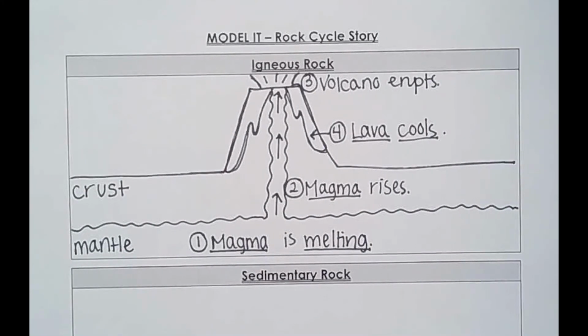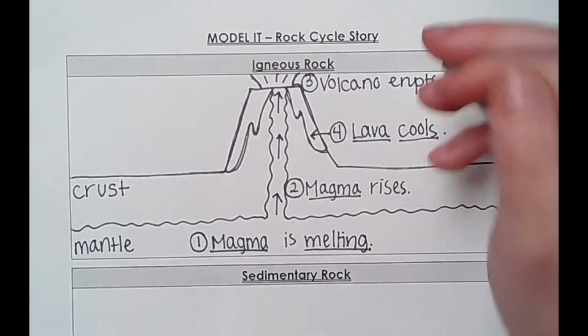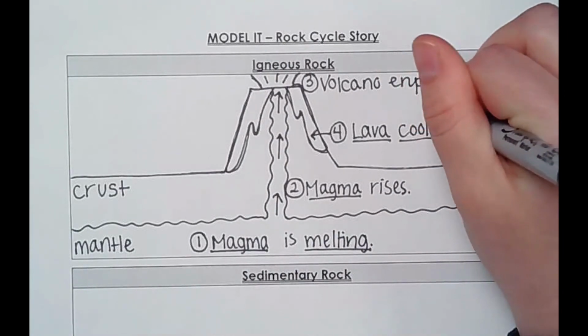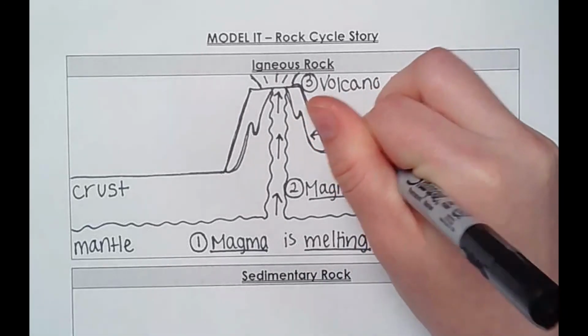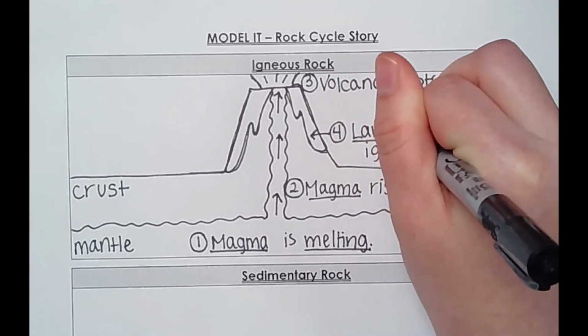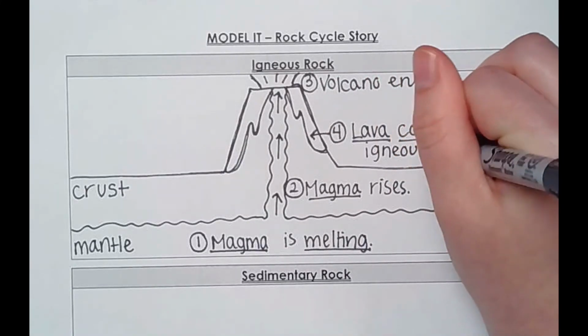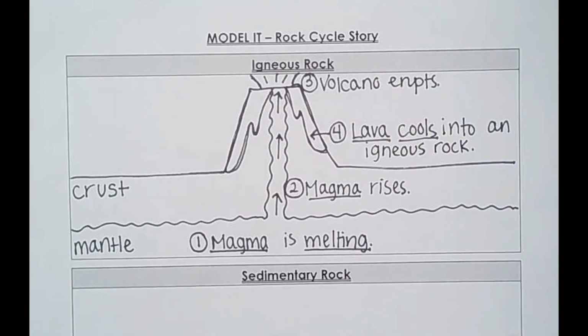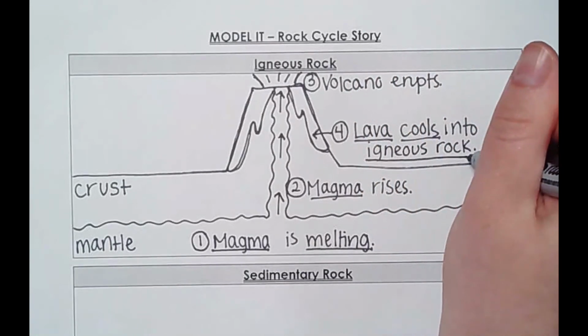Now the last word that I haven't used is igneous rock. I'm actually going to add on to this right here. The lava cools into an igneous rock. So that lava cooling down and solidifying into a solid is where it turns into an igneous rock.